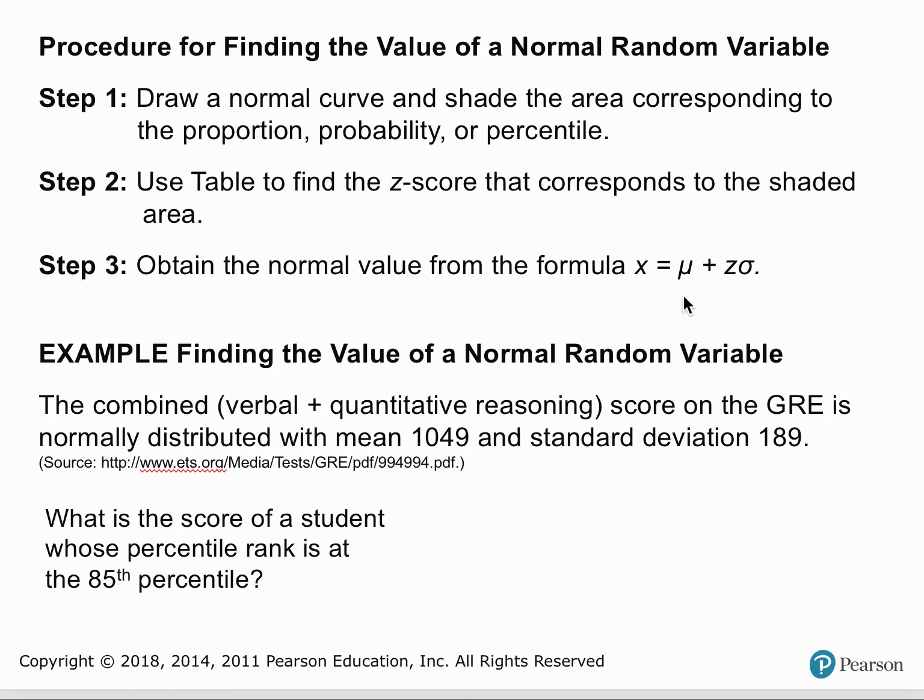This formula comes from your z-score formula. They've just solved it, but I don't want to remember an extra formula. So notice if I solve the z-score formula, if I multiply both sides by sigma, then I get sigma times z equals x minus mu.